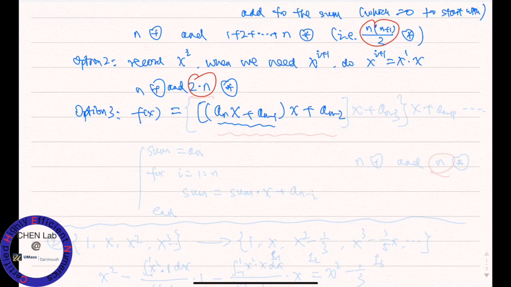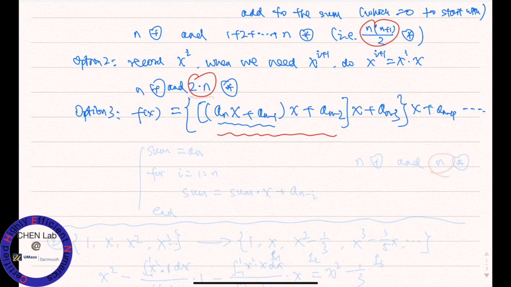And I multiply that with another x. Now I take the whole thing as my new sum, plus a_{n-3}, and outside times x plus a_{n-4}, and so on and so forth.